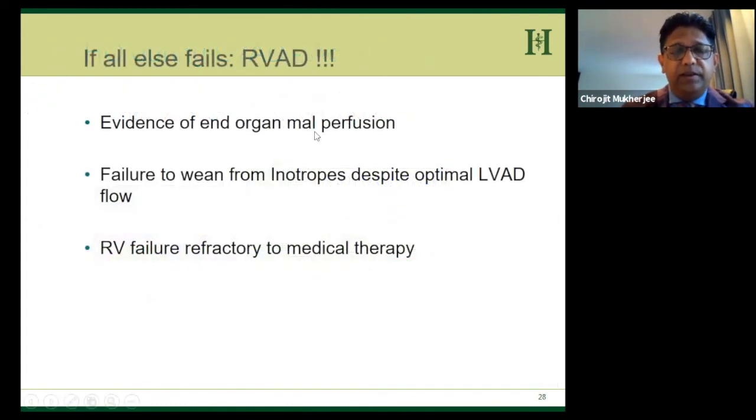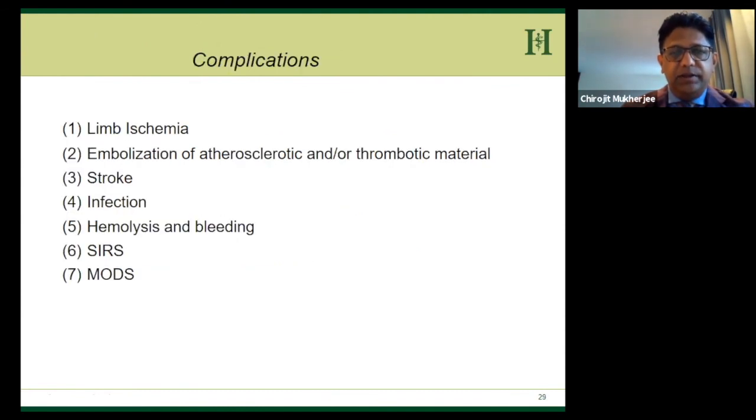If all fails, then obviously you have to look for evidence of end organ malperfusion. And if you have to optimize the inotropes despite your LVAD flow, and the right ventricular failure is refractory to medical therapy, then obviously you have to consider implantation of a second, right ventricular assist device.